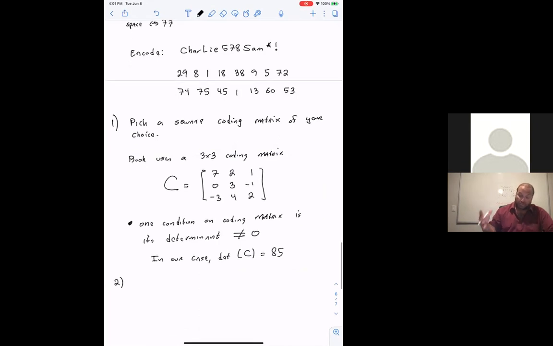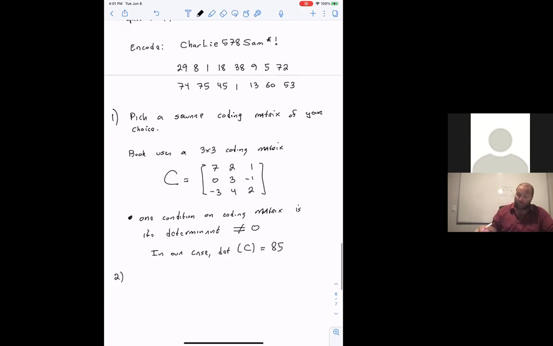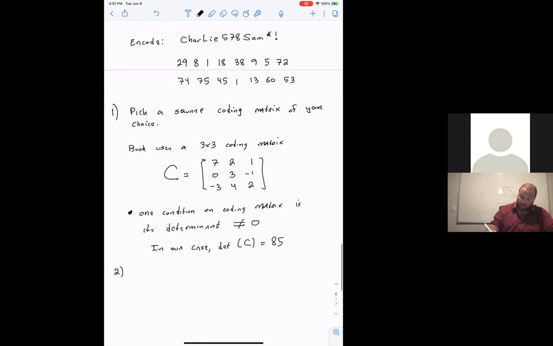Next, take your numbers and make column matrices of the appropriate size. Remember, it's a 3 by 3 matrix, so we're making column vectors of size 3. 29, 8, 1, 18, 38, 9.